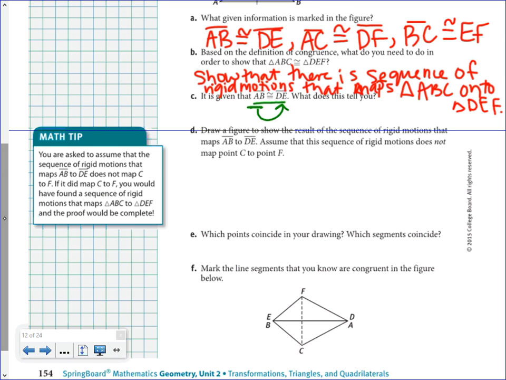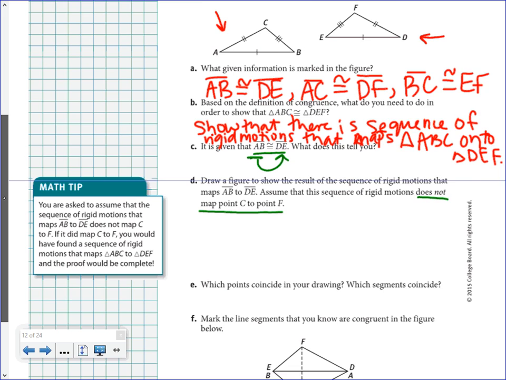But they give you a specific stipulation. We are not wanting to map C onto F. So we're not just wanting to make the triangles exactly on top of each other. What we want to do is map AB to DE and only have those two sides overlap.